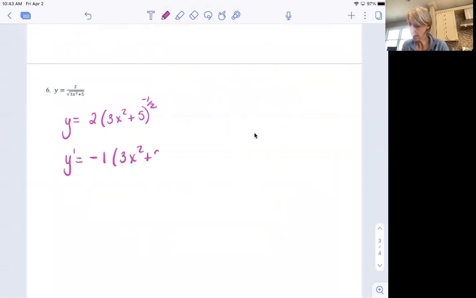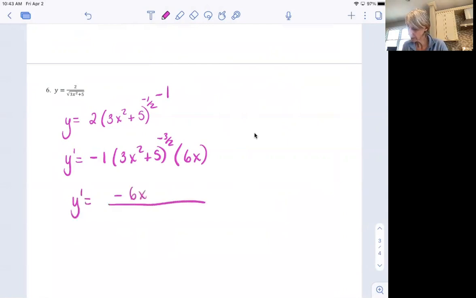Derivative of the outside. Subtract 1 to get your new power, times the derivative of the inside, plain old 6x. Rewrite it. When I move this expression down, 3x squared plus 5, it's the square root of this cubed.